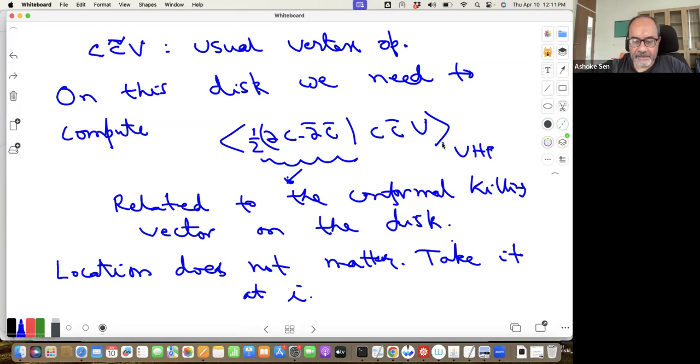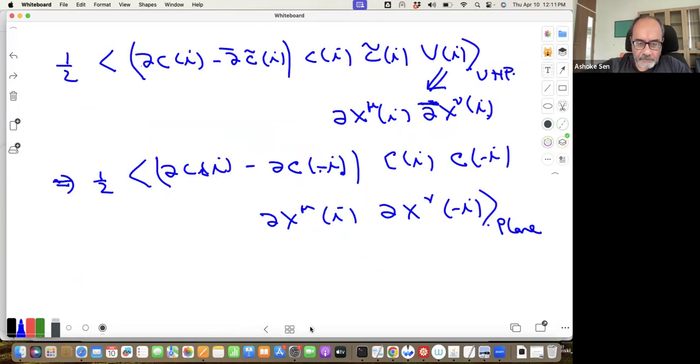Is that statement clear? Yeah. So that's why I'm putting everything at i. I could have put it at x plus iy. As I said, you can easily check that the results will be independent.